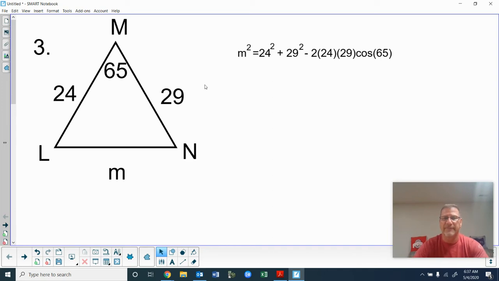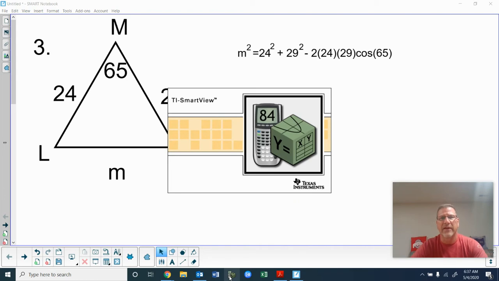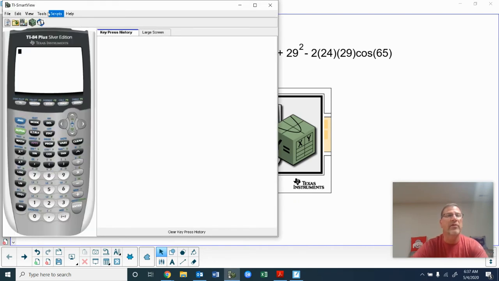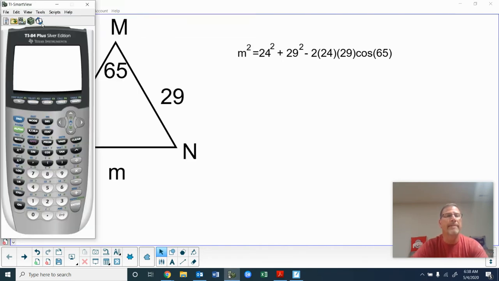All right, so I'm going to get my calculator out here, and I've already set up the first step to solve for M. Okay, so 24 squared plus 29 squared minus 2 times 24 times 29 times the cosine.